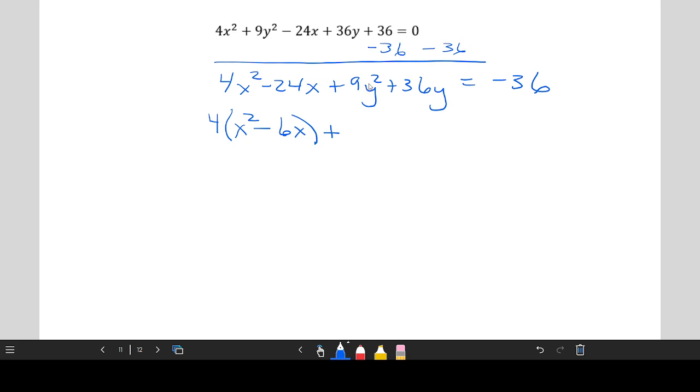And then since we have 9y squared, we're going to factor a 9 from the y terms. And we'll have y squared plus 4y. All right, and then we need to add something inside each set of parentheses.